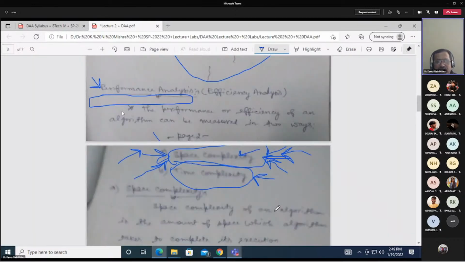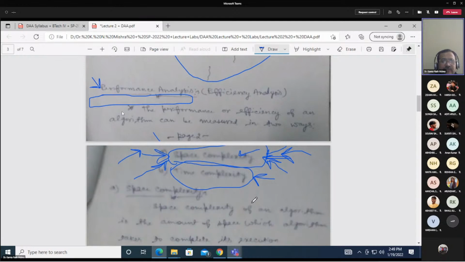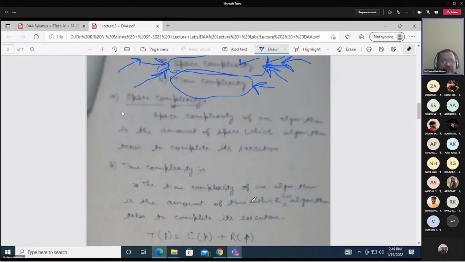The first one is the space complexity and the second one is the time complexity. So you see here, time is mentioned here.